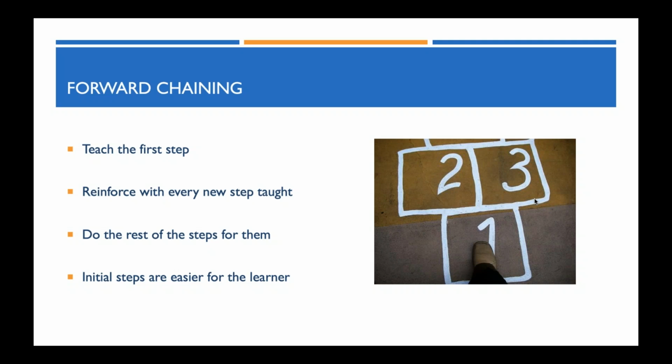First, when you're working on the first step, you reinforce them for completing that step. If you add another step, you reinforce after completing the first and the second. You would complete the rest of the steps for them or prompt them through it.